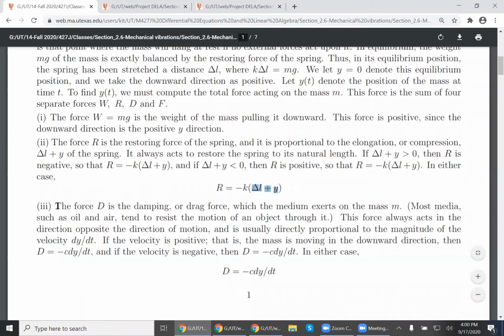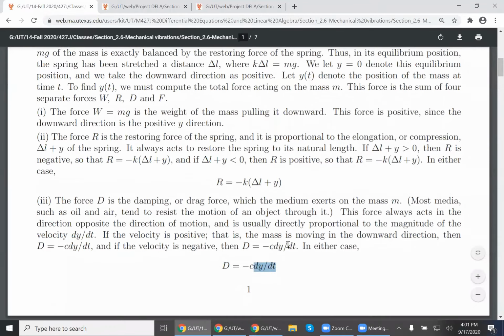Number 3, the force D is the damping or drag force, which the medium exerts on the mass m. Most media, such as oil or air, tend to resist the motion of an object through it. The formula for D is negative C y prime.